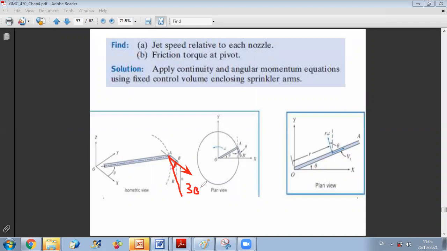And therefore I can decompose the outlet velocity into I, J, and K components. First, the component along the axis, the Z component, is just equal to V relative, which we calculated together from conservation of mass, times sine 30.